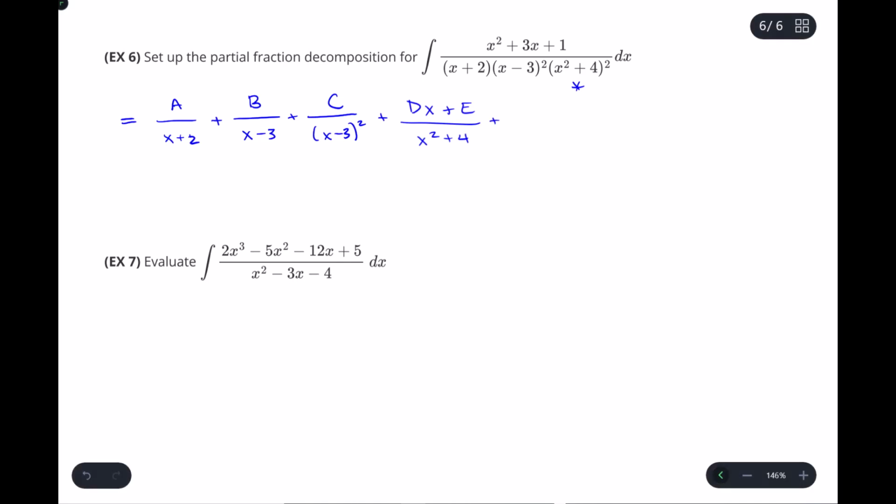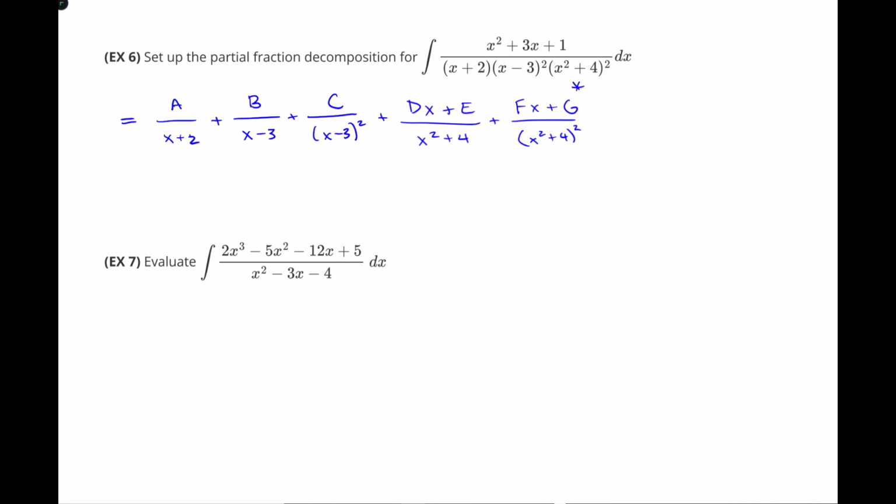And then because it's a repeated quadratic, we do another one, but with x squared plus 4 quantity squared. But again, another linear on top of that. So it's the same pattern, but it's the linear on top instead of a constant.